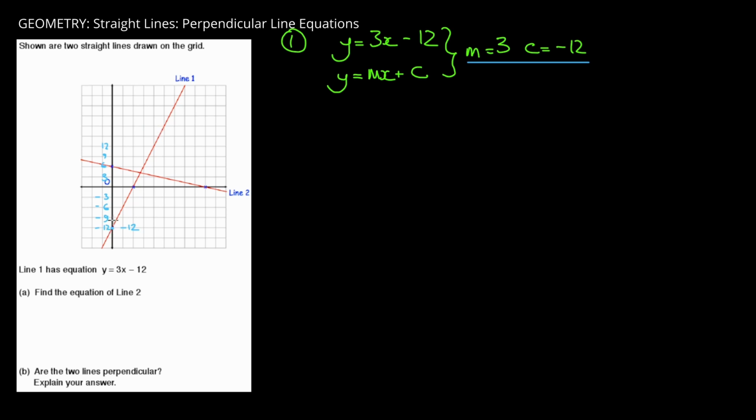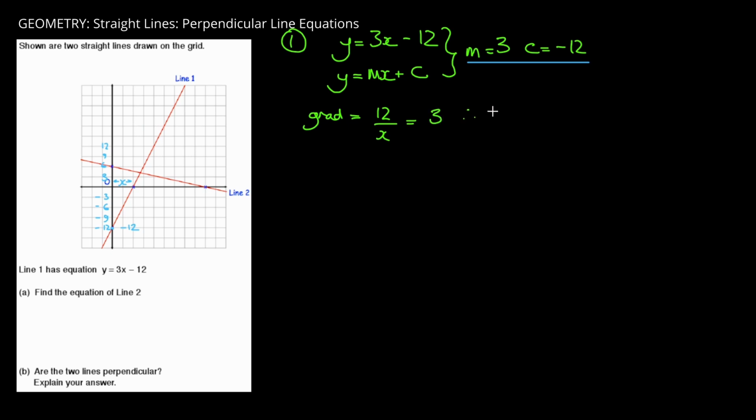Look at line 1's journey as it crosses the axes. Here we are at negative 12, and we've climbed 12 in the space of, well, we don't know. So let's temporarily call this x. So we can say the gradient, which is the rise over the run, which is the rise, which is 12, divided by the run, which is at the moment x, must equal 3.